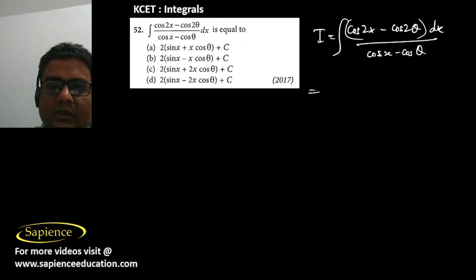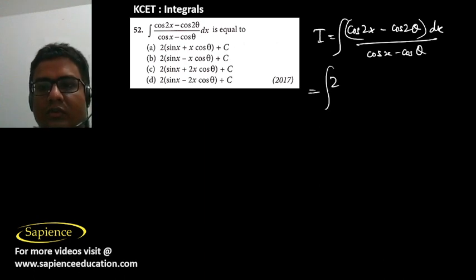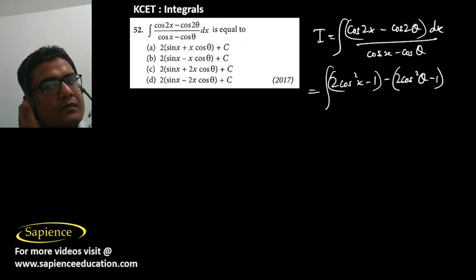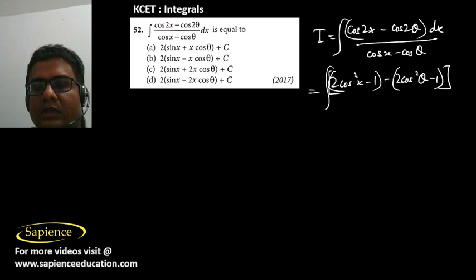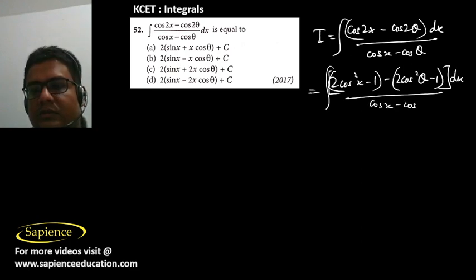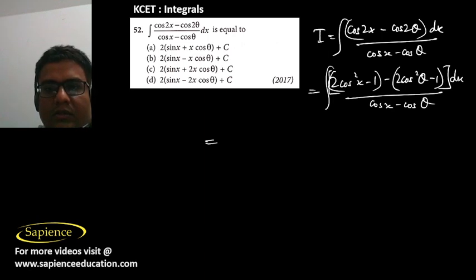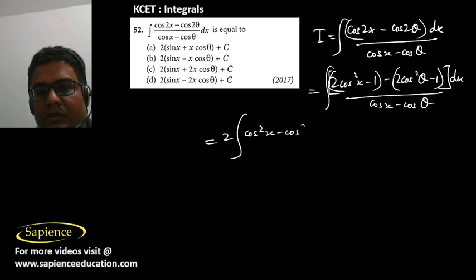Cos 2x can be written as 2 cos square x minus 1, minus 2 cos square theta minus 1, into dx divided by cos x minus cos theta. This can be written as 2 into integral cos square x minus cos square theta dx divided by cos x minus cos theta.